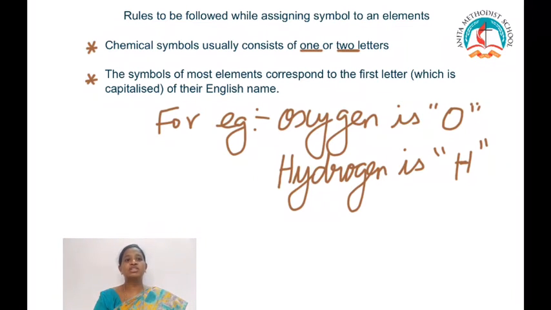The first letter of oxygen is O. So the symbol of oxygen is capital O. Hydrogen. The first letter of hydrogen is H. So capital H is the symbol of hydrogen. Remember, if the element is represented by a single letter, the letter should be a capital letter.